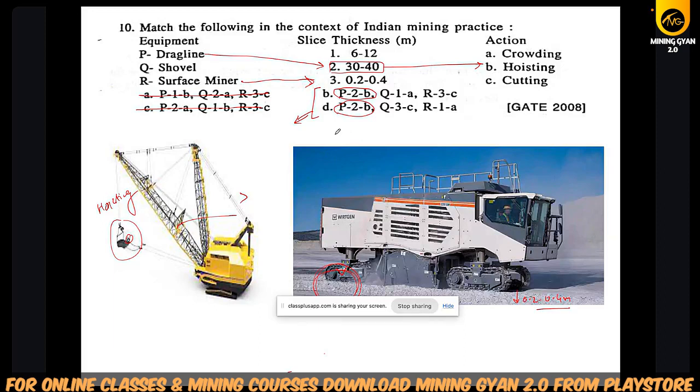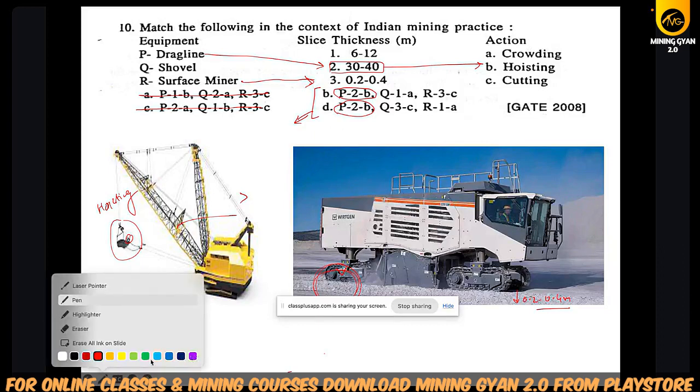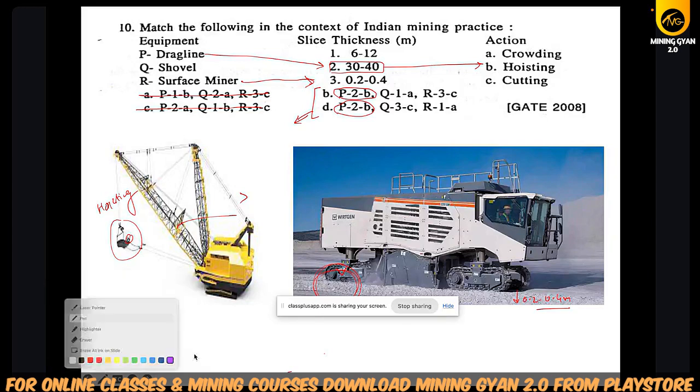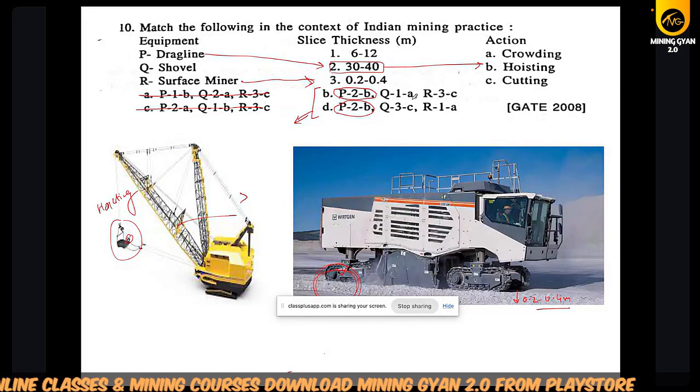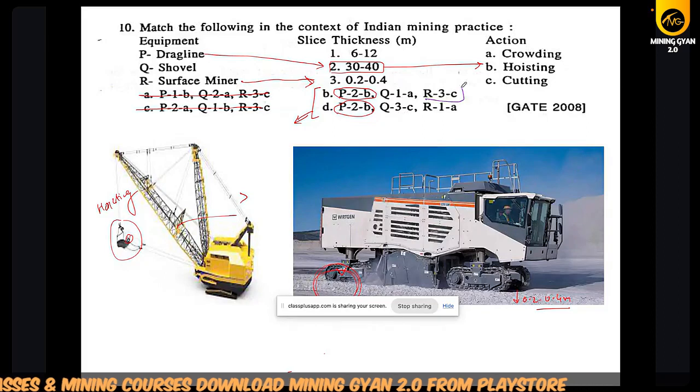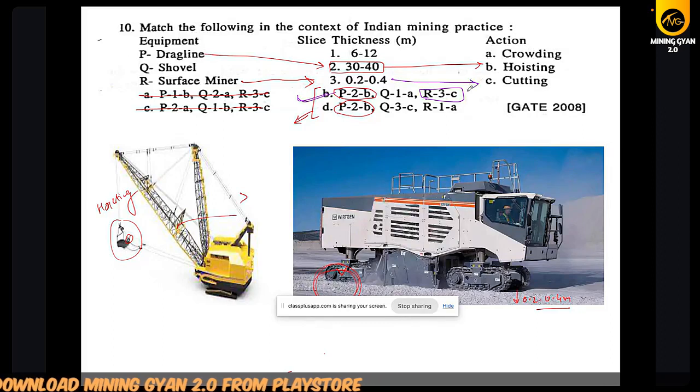Even if there is negative marking, still attempt that question because the probability is very high to get the right answer. So the surface miner cuts 0.2 to 0.3, R3 is R3. Then you have got the answer.